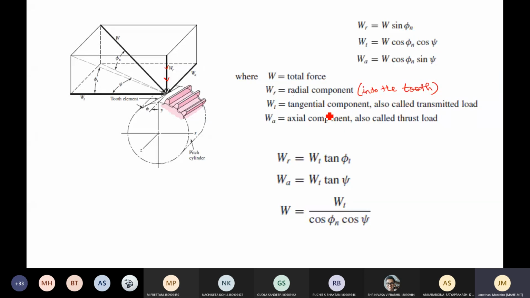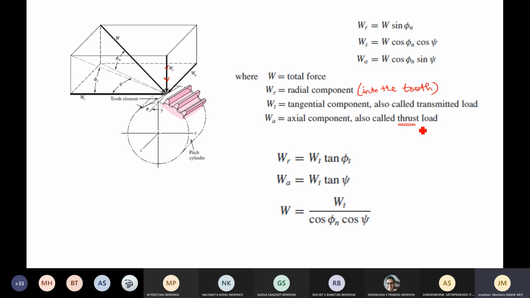Fine. So WT, tangential component, is also called the transmitted load or torque. Of course Ft is not torque, but Ft translates into torque when applied at a certain radius. And WA is the axial component, and this word is important here, thrust load. This is also called thrust load, and the bearings which are used to handle this thrust load are called thrust bearings.